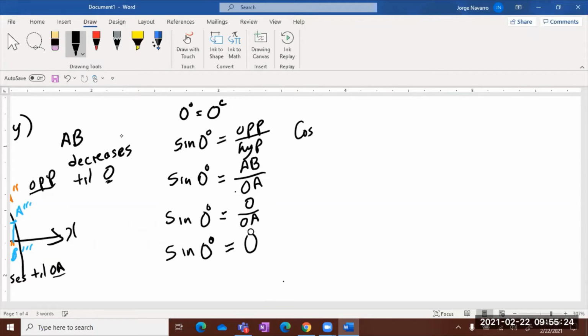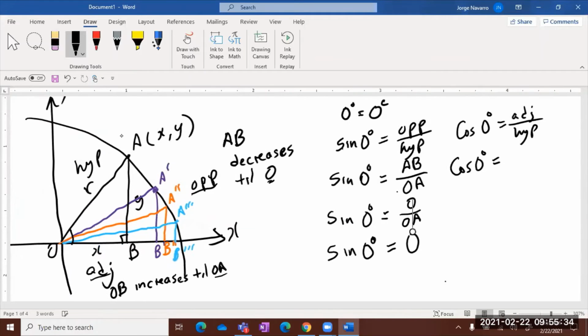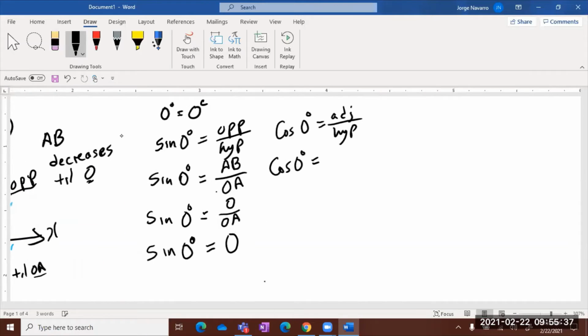The cosine of 0 degrees is adjacent over hypotenuse. So the cosine of 0, it began, the adjacent side is OB. So it's OB over the hypotenuse, which is OA. But what happens to OB?